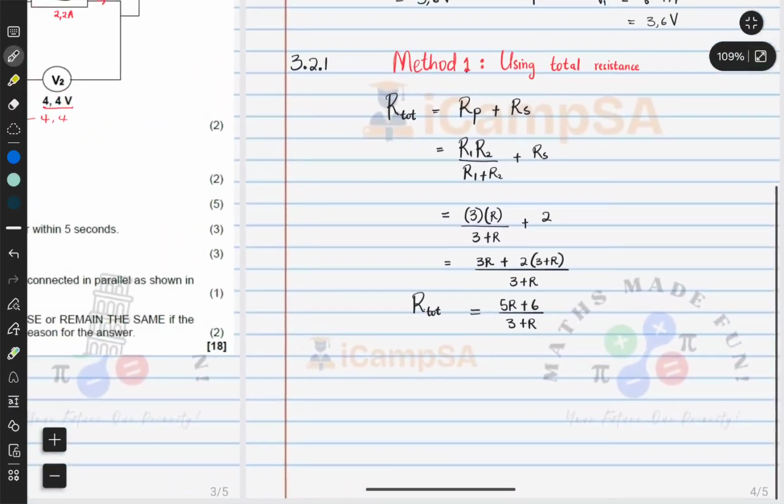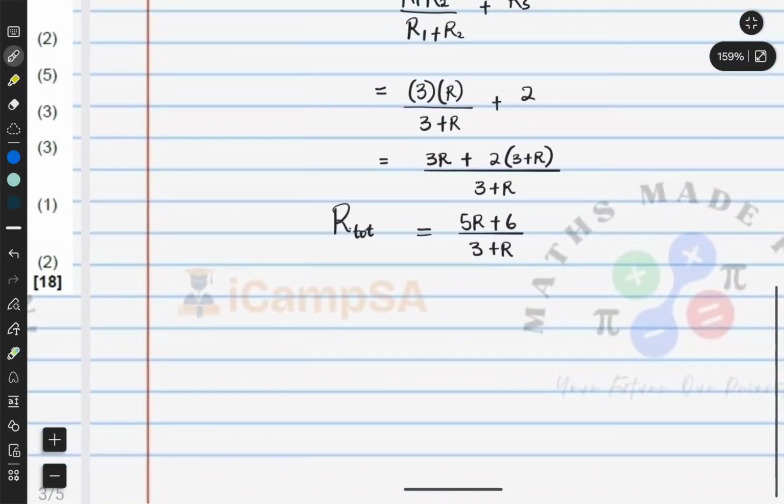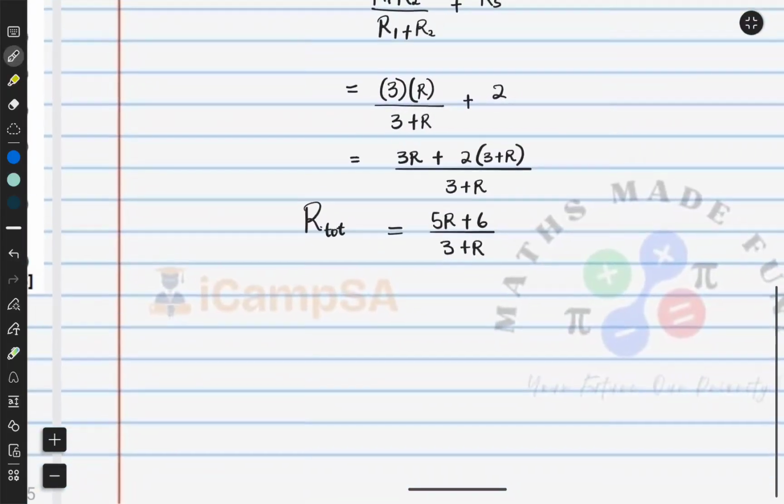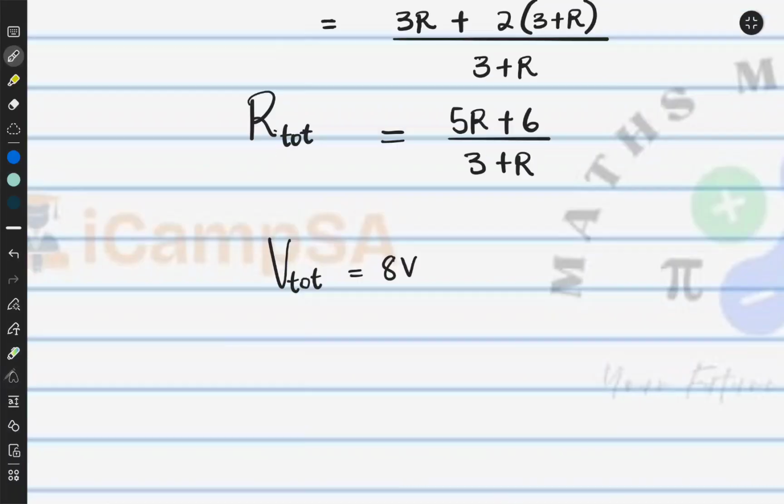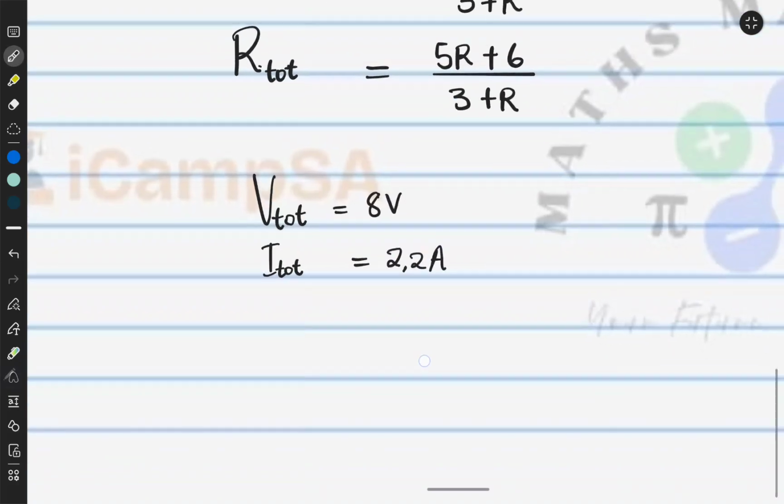Okay, now what I can do is I know my V tot. Remember, my V tot is 8 volts, whereas my I tot, which is my total current, is 2.2 amps. So what does this mean for me?